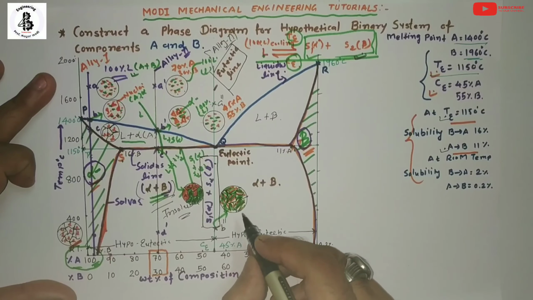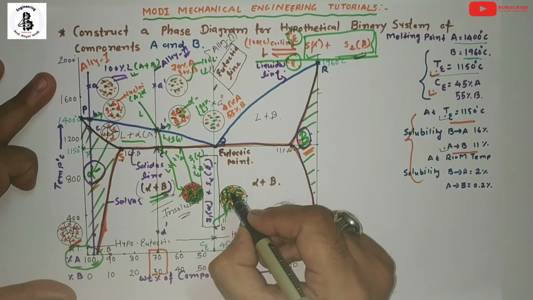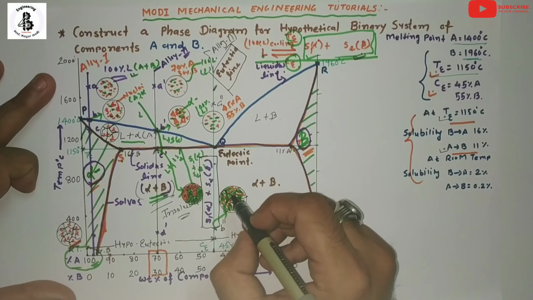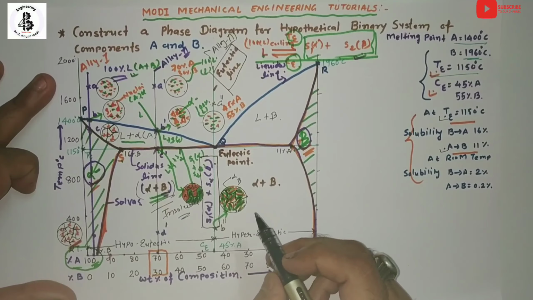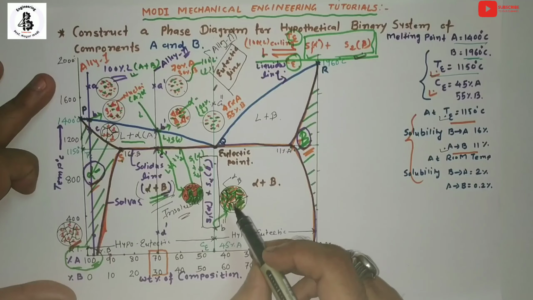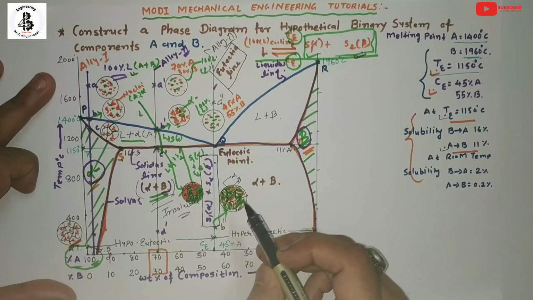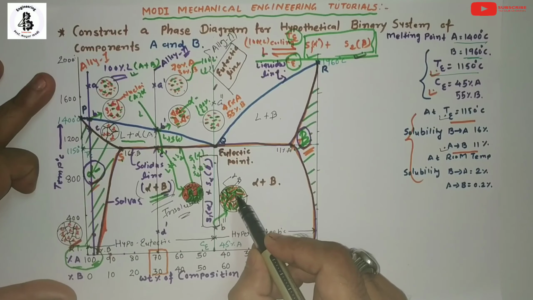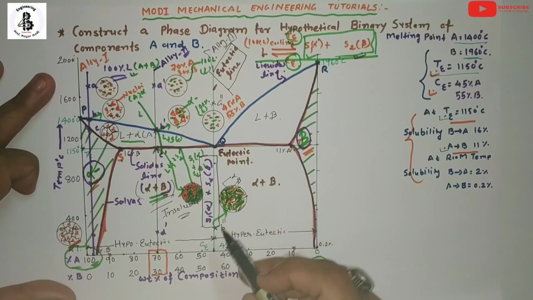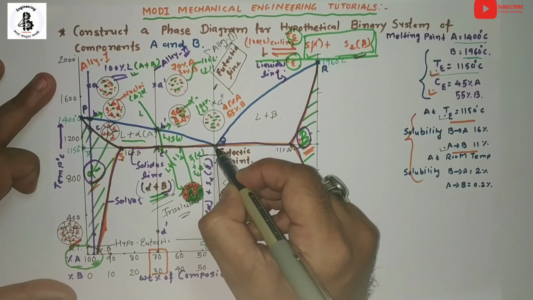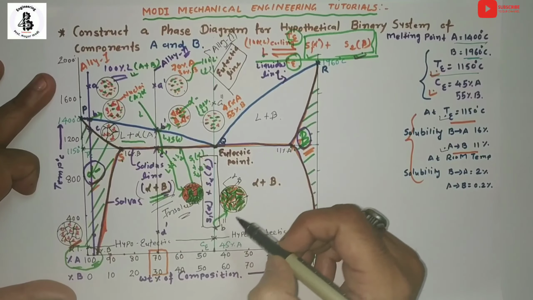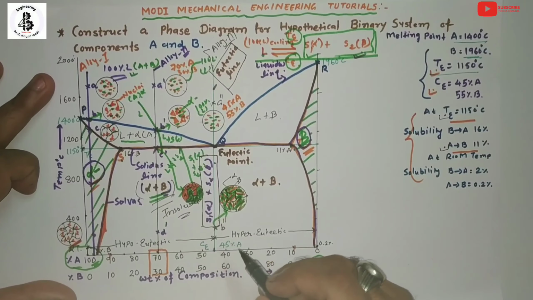At room temperature, alpha and beta are in laminar layers, separated from each other, because alpha and beta are insoluble with each other. This transformation takes place from the eutectic point, so it is known as a eutectic transformation.